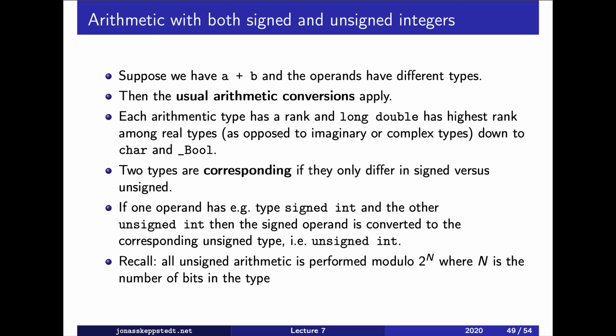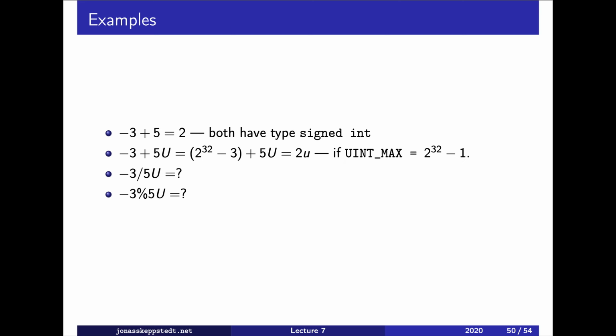Okay, so what happens then is that the signed is translated or converted into the unsigned type. Okay, so that should ring a bell of a warning, and we will see very soon why. Okay, so let's see what happens.